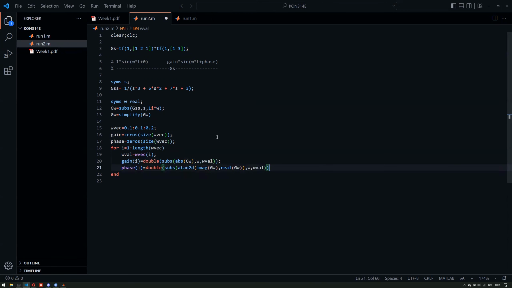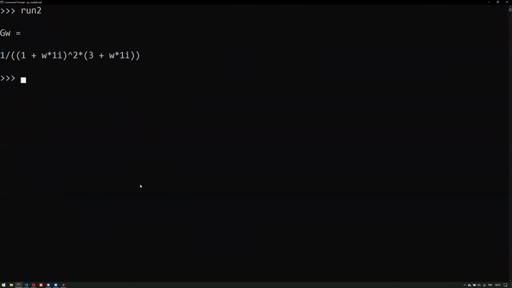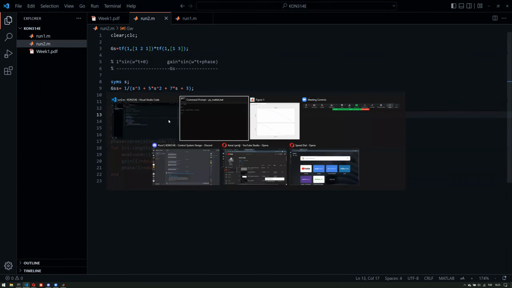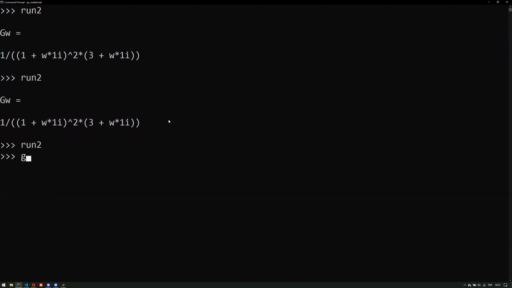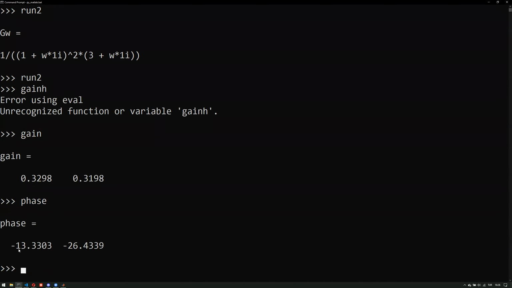And I don't want to see immediate outputs. There we go. So gain, phase. Yeah, we should be good to go. Yeah, let's get rid of that. So if we look at gain and phase, there we go.